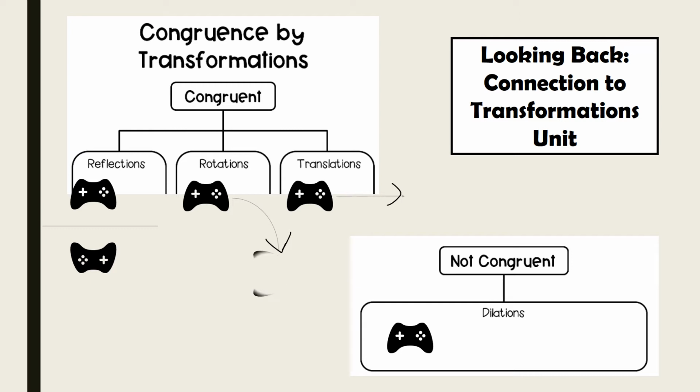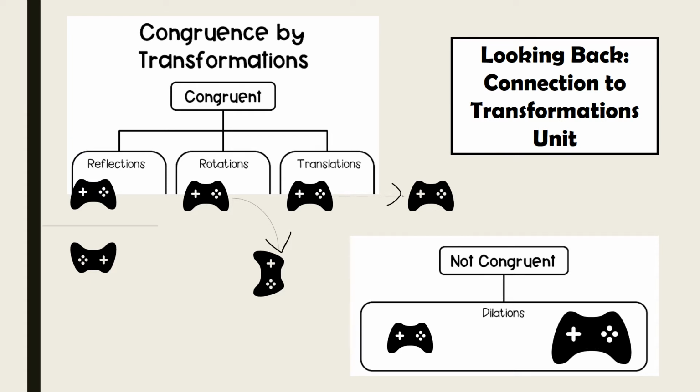A rotation is rotated 90 degrees clockwise, but it is the same shape and the same size. Translation, it would be shifted to the right, but that image is the same shape and the same size. Now dilations, remember, is an enlargement or a reduction, so it is the same shape, not the same size, therefore it's not congruent.